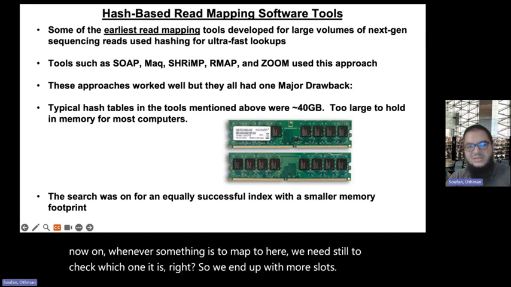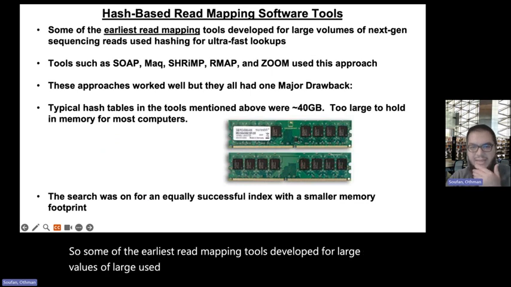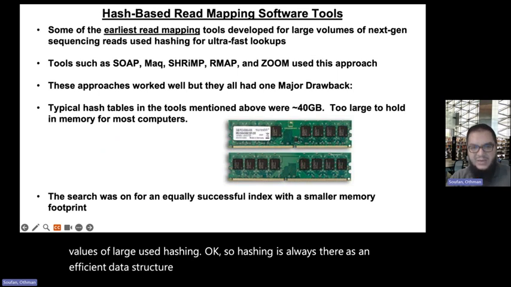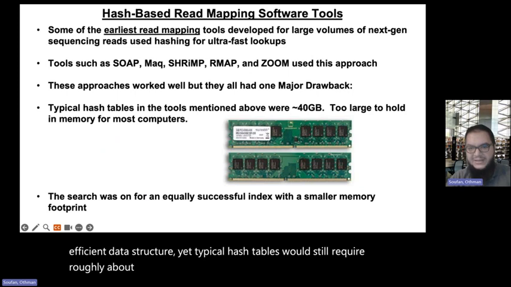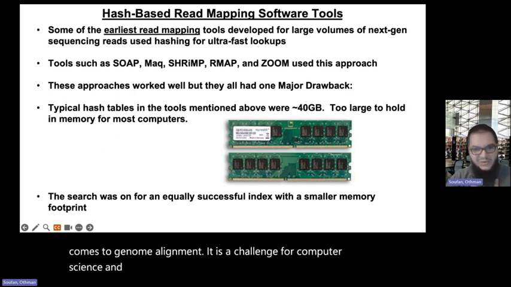Some of the earliest read mapping tools developed for large volumes of data used hashing. So hashing is always there as an efficient data structure, yet typical hash tables would still require roughly about 40 gigabytes. This is a big issue. Believe me, when it comes to genome alignment, it is a challenge for computer science, and I'm a computer scientist by practice.